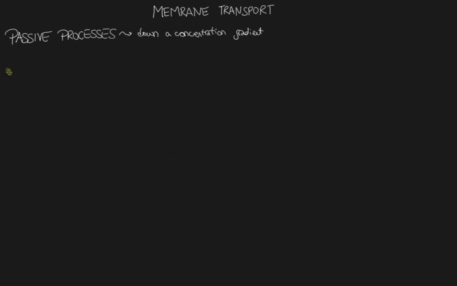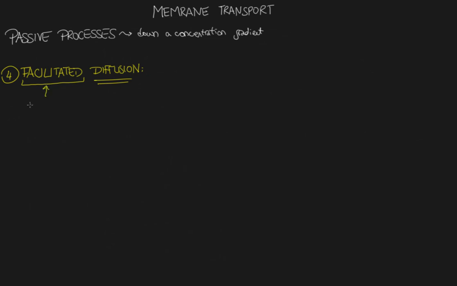Right, and then our last example of passive process is going to be facilitated diffusion. And this also uses diffusion, movement of substances from a high concentration to a low concentration, but the new addition is that this is facilitated.